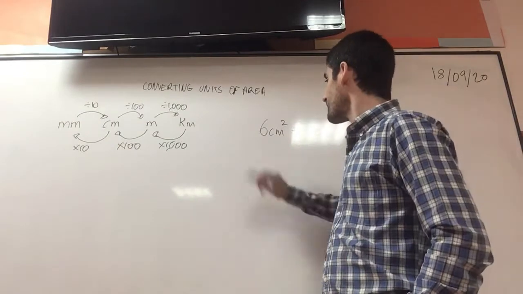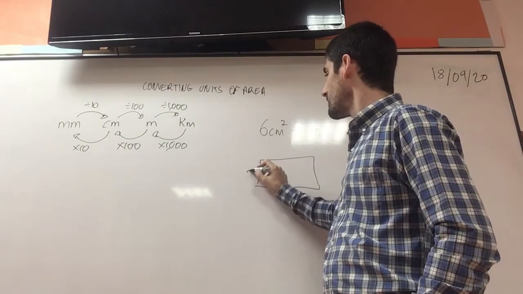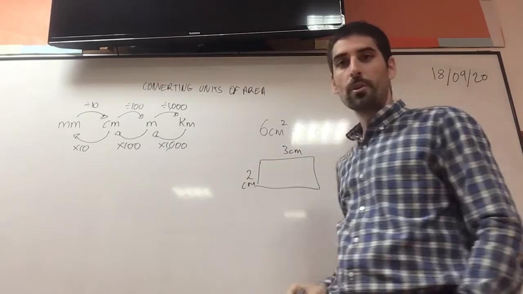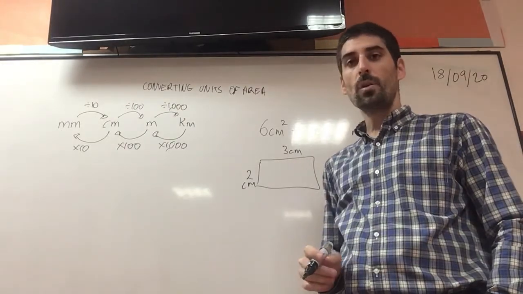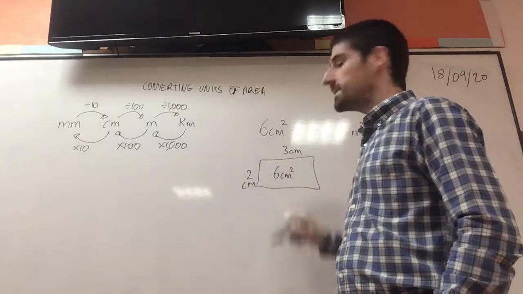Imagine that I have a rectangle, a 3 by 2 centimeter rectangle. What is the area of this rectangle? It's 6 centimeters square.